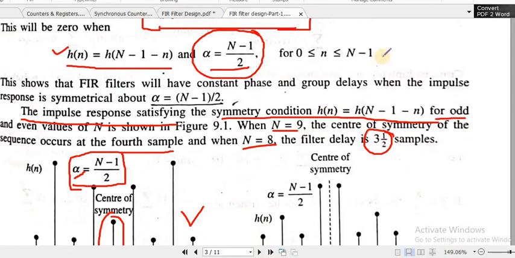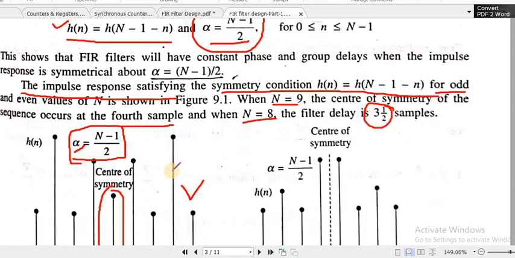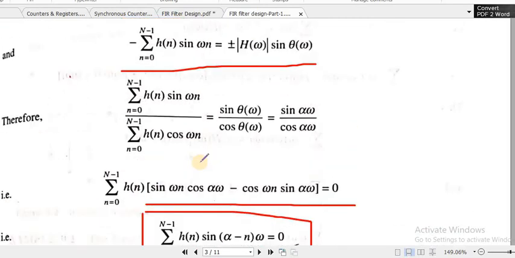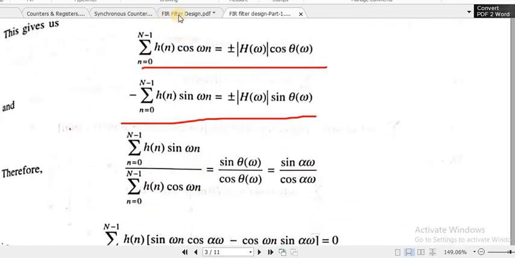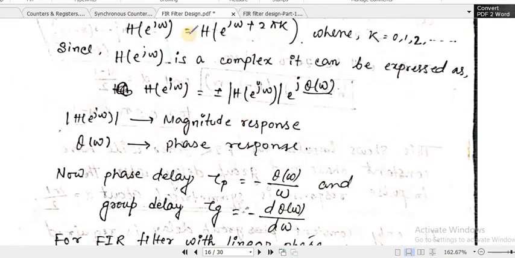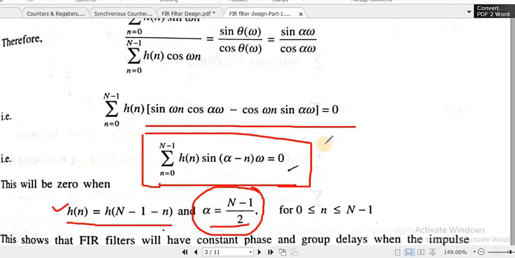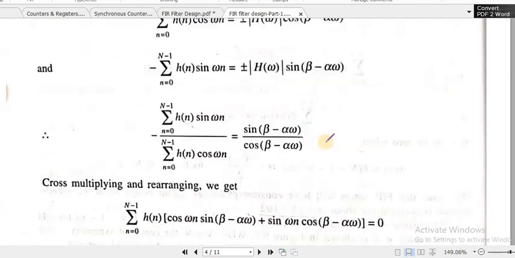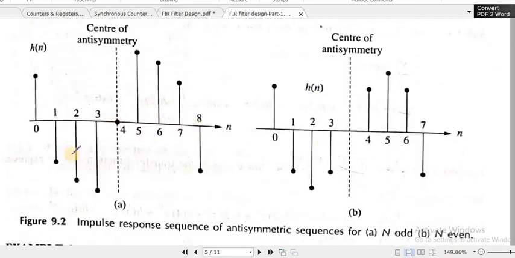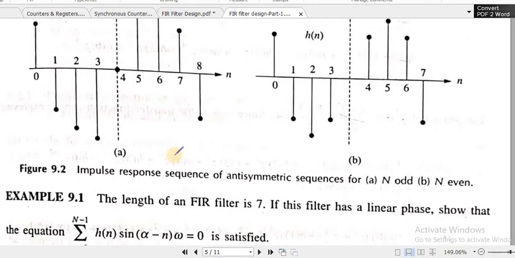So if I say N equal to even, there are 4 total responses possible. I will show you. The second one is where the center is asymmetric. This is the type 2 filter.